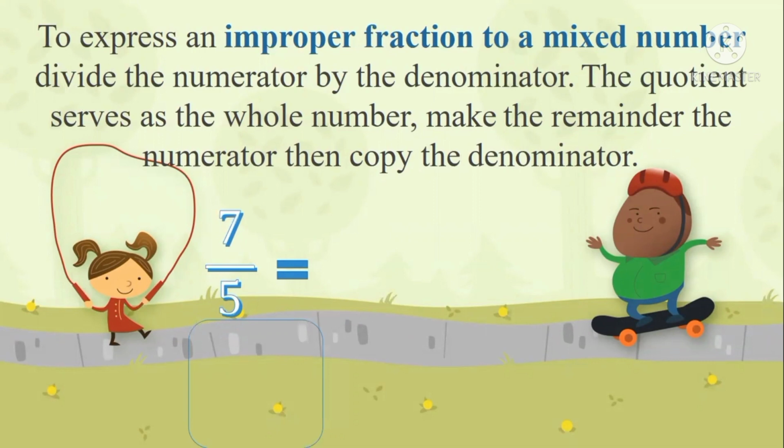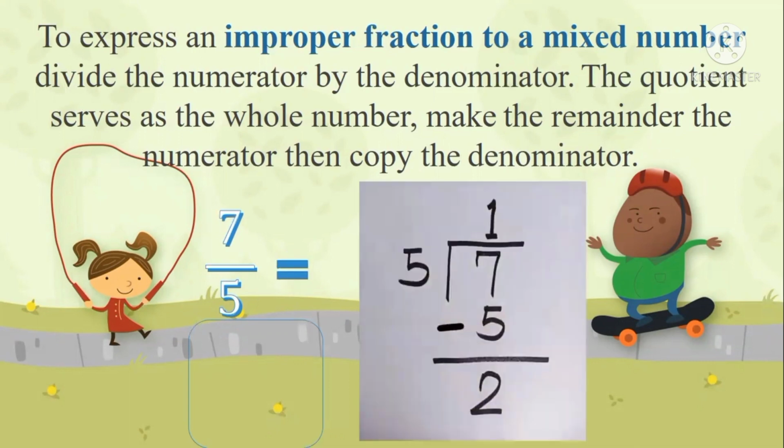And how are we going to change that into a mixed number? Simply divide the numerator by the denominator, like this. 7 divided by 5 is 1. 1 times 5 is 5. And 5 subtracted from 7 gives us a remainder of 2. So to form our mixed number, the quotient serves as the whole number.